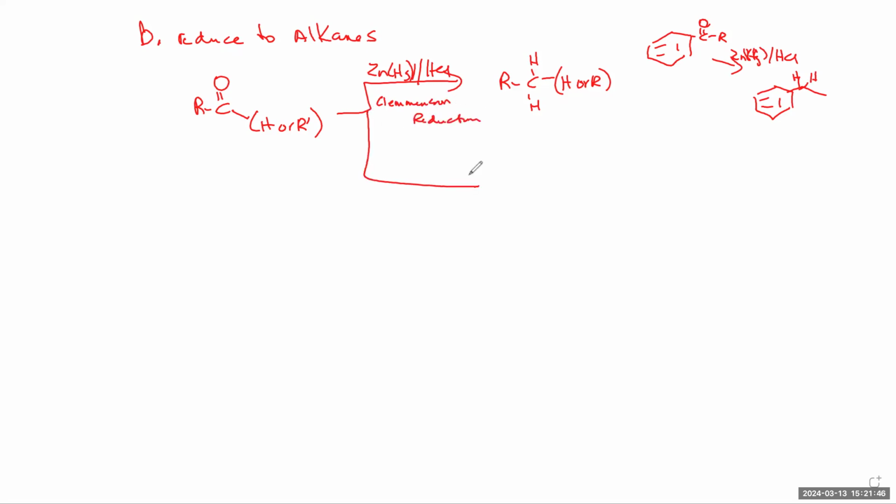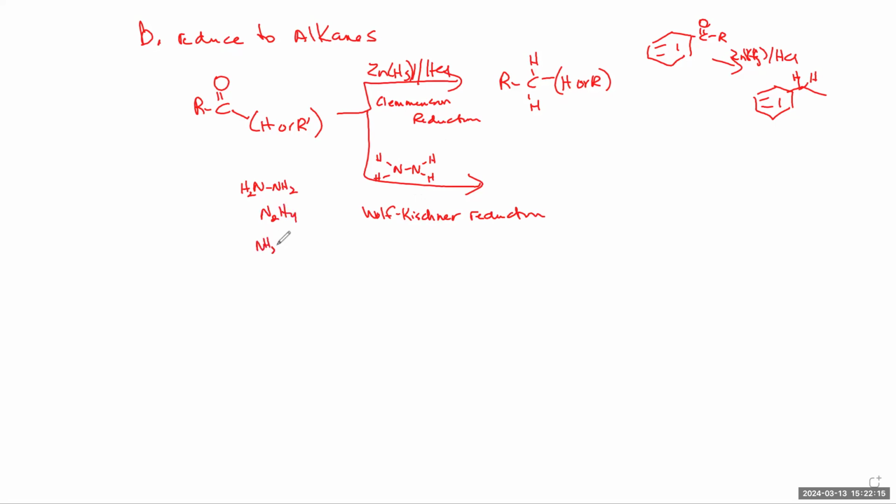And then they made up a way, just in case you don't want to be under acidic conditions, that you can do this under basic conditions. And that's called the Wolff-Kishner reduction. And in the Wolff-Kishner reduction, you use a molecule that looks like this. It's not going to be written out like that. They're just going to write NH2, NH2, or sometimes they'll write it as N2H4.